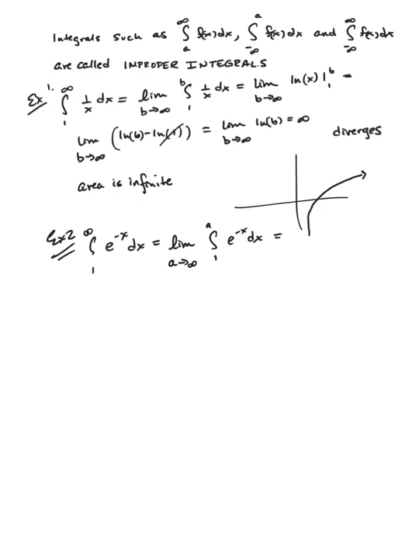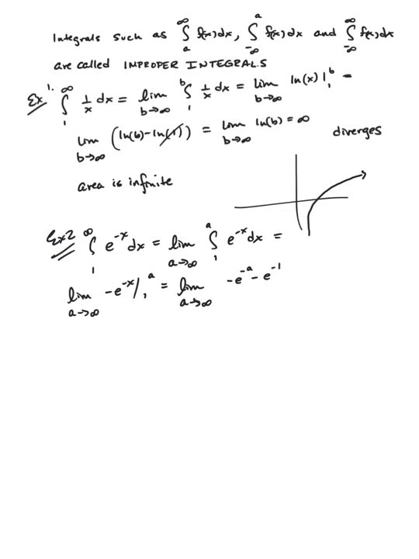Now the integral of e to the negative x is just negative e to the negative x. Let's put in our bounds of integration, 1 to a. So we get the limit as a goes to infinity of negative e to the negative a minus e to the negative 1.